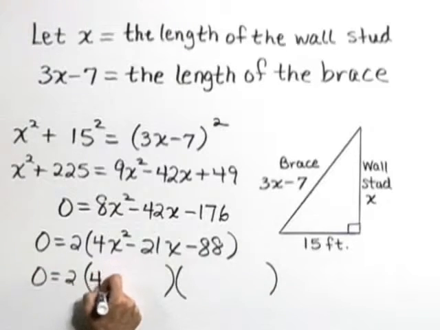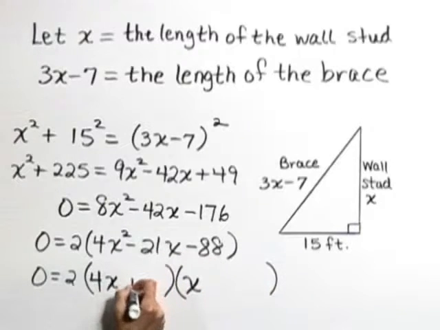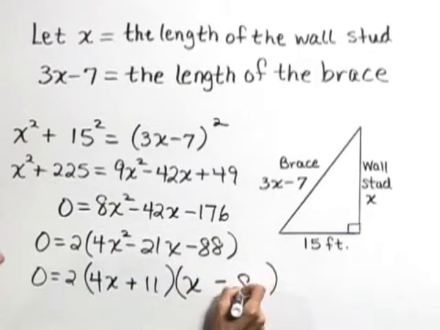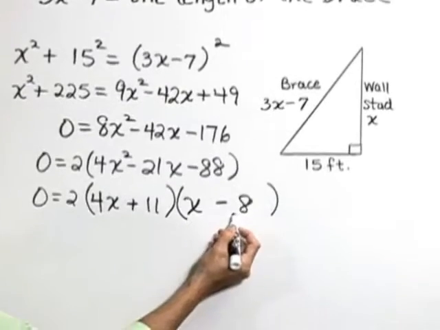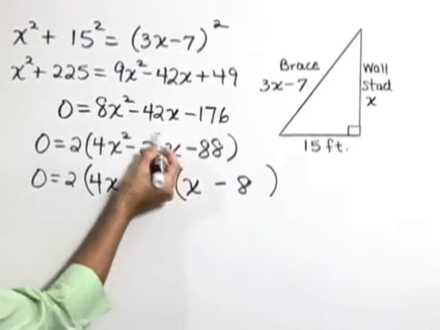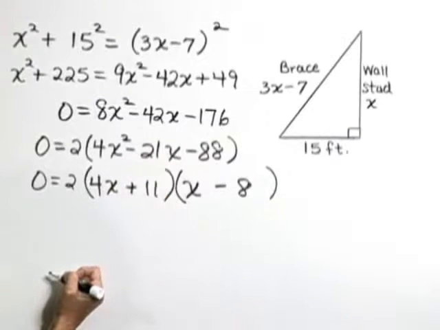Let's use leading terms 4x and x. Now factors of negative 88 that will make this work are a plus 11 and a minus 8. Quickly checking our inner and outer products, 11x plus a negative 32x does give a negative 21x.